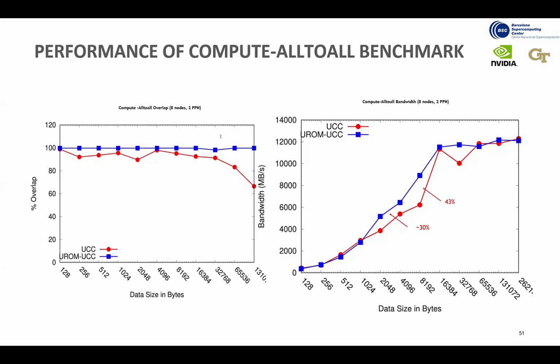And if you focus on the bandwidth, you can see that using UROM UCC, you actually have a better utilization of the hardware, especially for medium-sized messages from 1K to 64K, where you can see in some cases 43% improvement in bandwidth. Next slide.